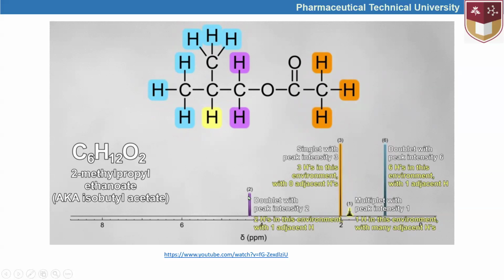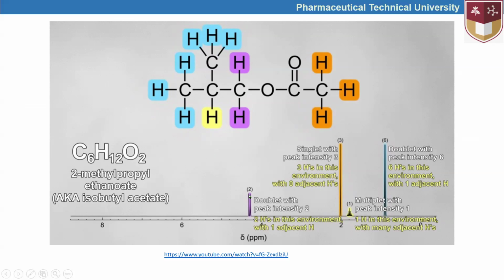Doublet belongs to hydrogens that have one adjacent. Okay, it has two hydrogens, but since it is doublet, we know that in the neighboring atoms it has one hydrogen.